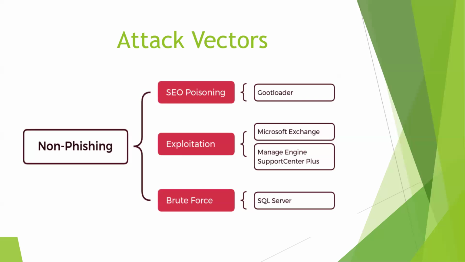Then for exploitation as an attack vector, there are software versions that are outdated, such as guys who do not update their browsers or are running applications that are vulnerable. So attackers could leverage that and exploit the vulnerabilities.